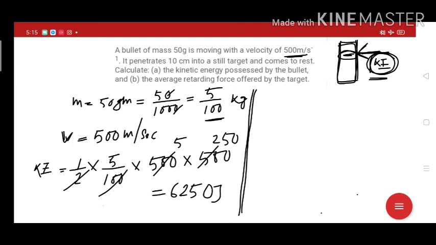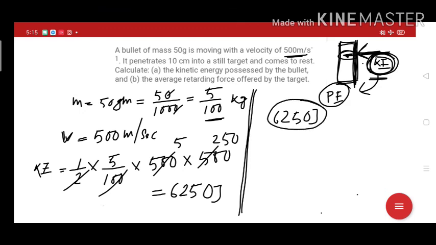The time instant it just hit this target and penetrated 10 centimeter, and it stops over there, the whole kinetic energy is going to convert into potential energy. So if I say in the bullet, still now the energy is nothing but 6250 joule.